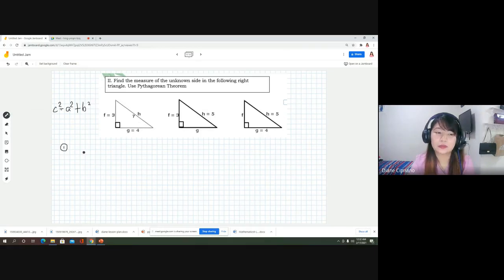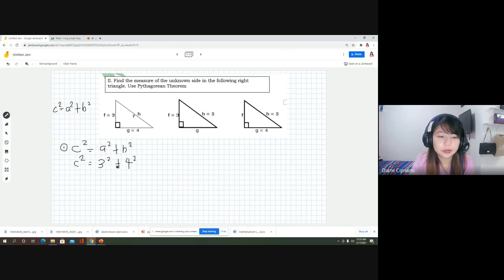So we have c squared is equal to a squared plus b squared. I told you a while ago that c is our hypotenuse. We can now write it as c squared equals 3 squared plus 4 squared.